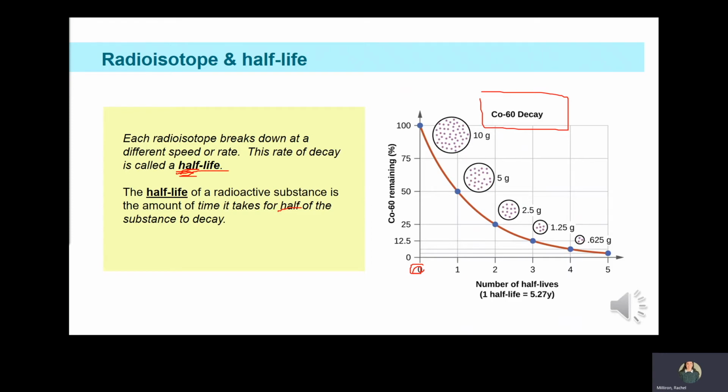After one half-life, which is equal to 5.27 years, that 10 grams decreases to 5 grams. Another half-life passes, another 5.27 years, and that 5 grams turns to 2.5 grams. So what's happening during this decay?